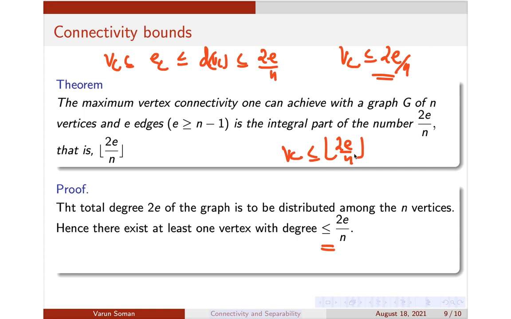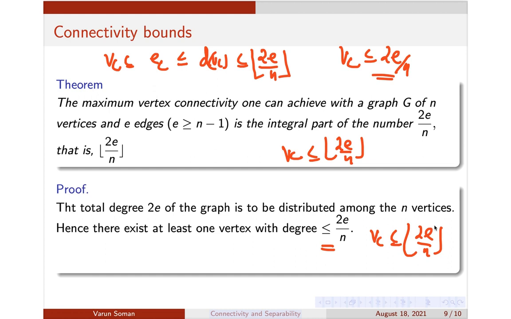The degree of a vertex is also a number, so when I say the minimal degree is less than or equal to 2e by n, it means the minimal degree is less than or equal to the integral part of 2e by n, because the minimal degree is the number of edges, so it is always an integer. Hence from the earlier theorems, the edge connectivity and the vertex connectivity will always be less than or equal to the minimal degree, and hence the vertex connectivity is less than or equal to the integral part of 2e by n. So this much we have done. I hope this is clear.